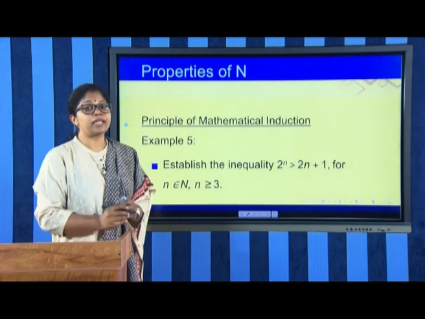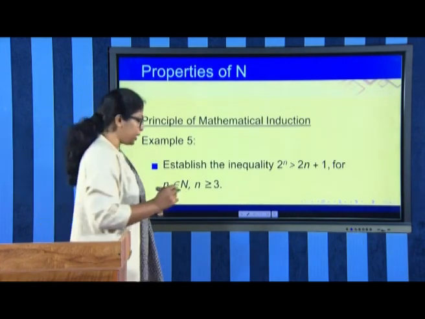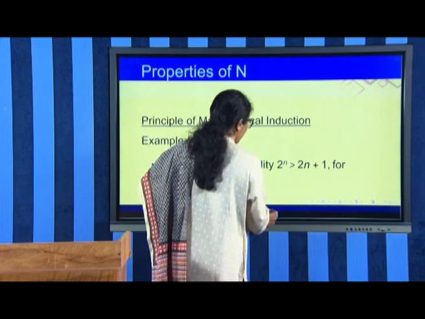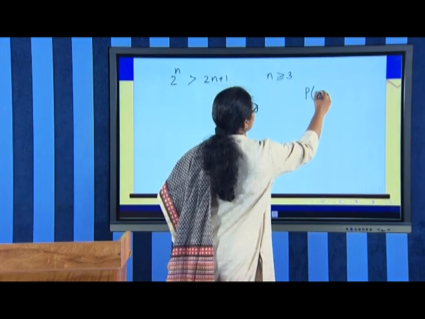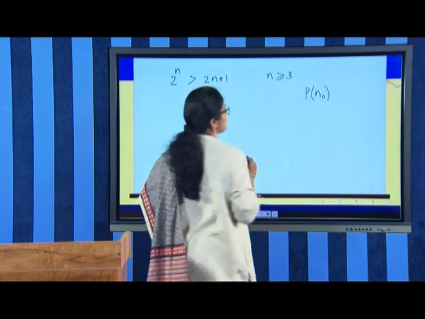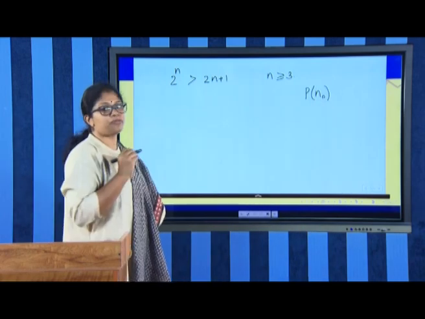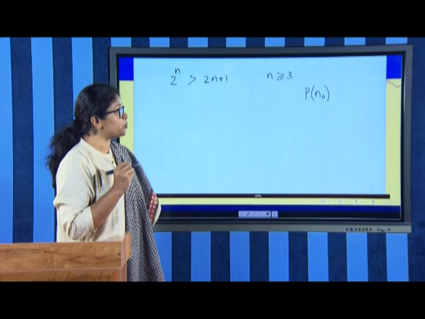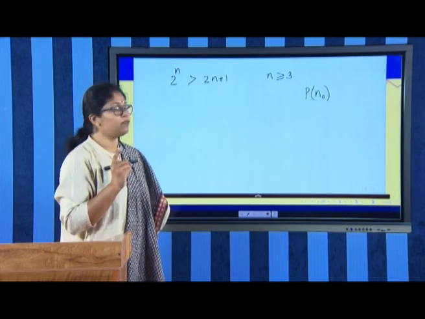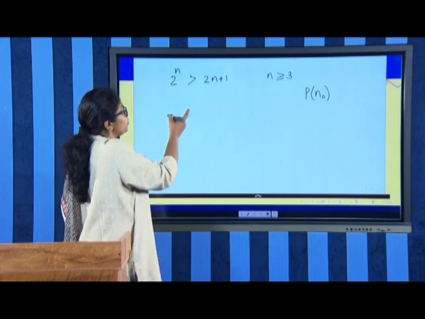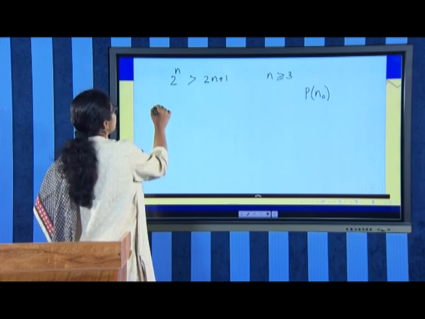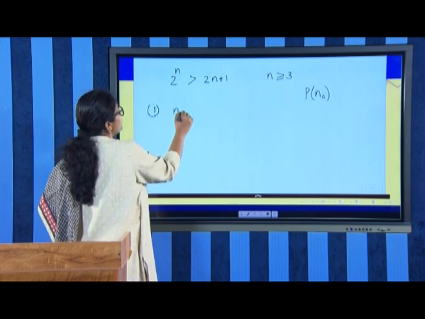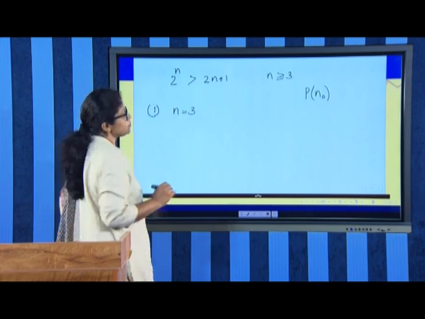So, the principle of mathematical induction second version is defined for P of n naught, n greater than or equal to some natural number n naught. So, the first case that we have to prove is not P of 1, we have to show that this is true for the case n equal to n naught. That means, the first case is the case when n equal to 3.